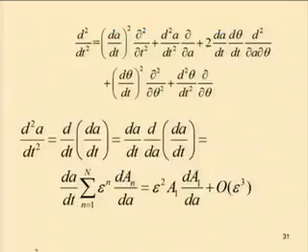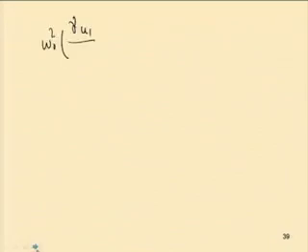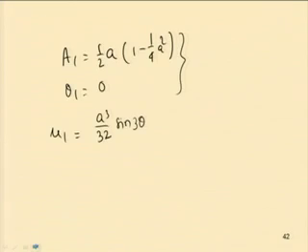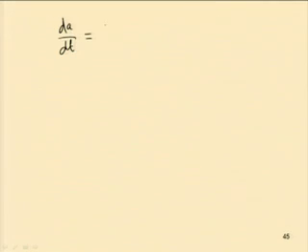So, from this expression we can write dA by dt equal to epsilon A by 2 into 1 minus 1 by 4 A squared.